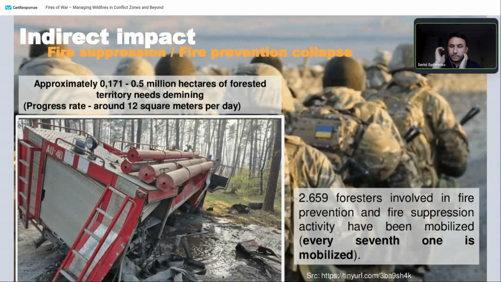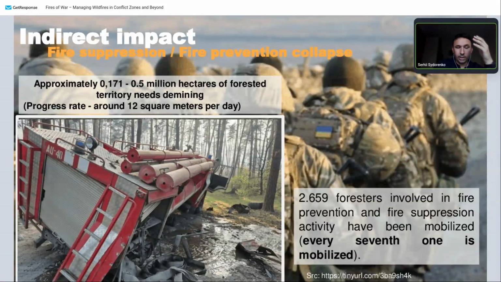And now, with these polluted territories, especially forested territories, it means that there are no fire suppression interventions on the territory, because it's very dangerous for personnel, and we have a lack of heavy techniques that can operate there. And here on the slide you see one of the fire trucks that was exploded by a tank mine in a forest.